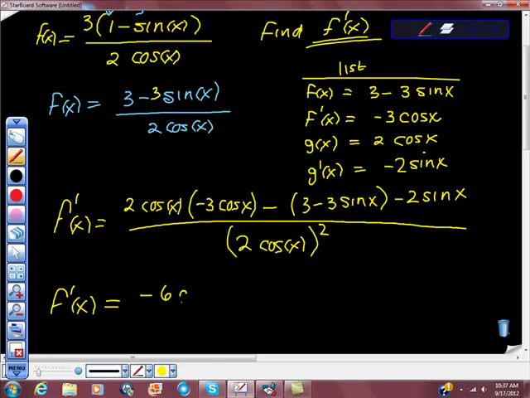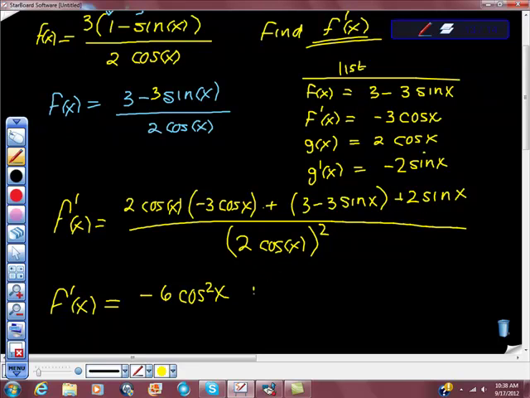Cosine times cosine is cosine squared x, isn't it? Is this still good math? If I multiply this negative sign and this one, I get this would be positive, wouldn't it? You see what I just did? Is that okay? I'm just going to cancel it out.